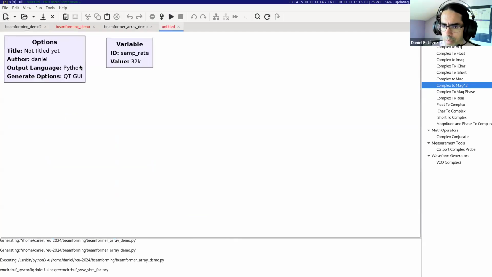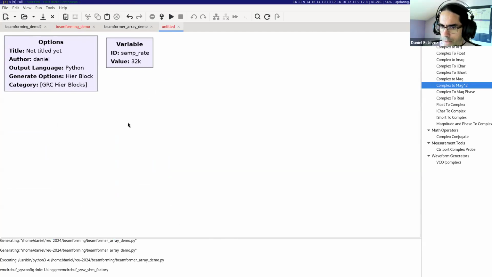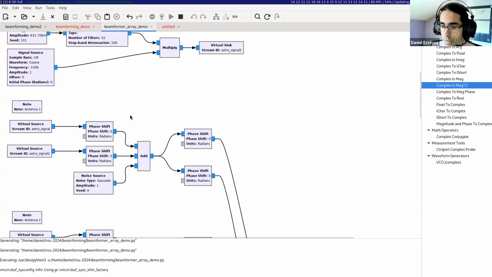So let me mention what that is. We haven't used that, but there is something called a hier block. The way this hier block works is that you can have a flow graph which then gets built as a radio block that you can use in another flow graph.